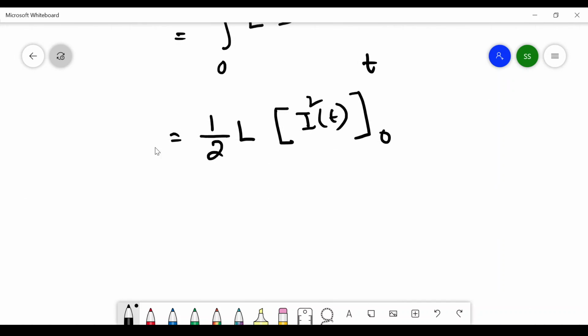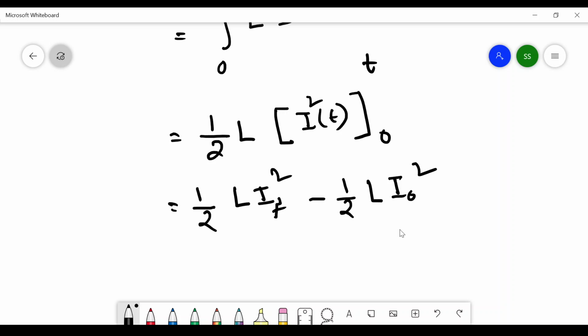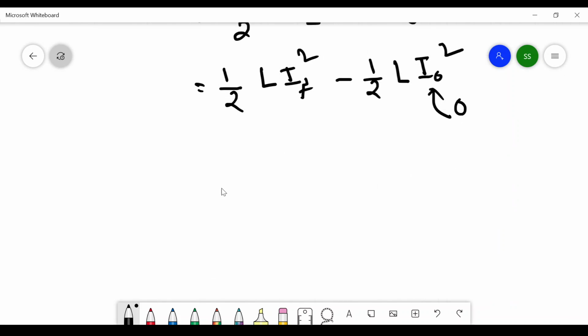Again, 1/2 L i final value squared minus 1/2 L i initial value squared. If I say the initial current is 0, then the energy equation becomes 1/2 L i final squared.